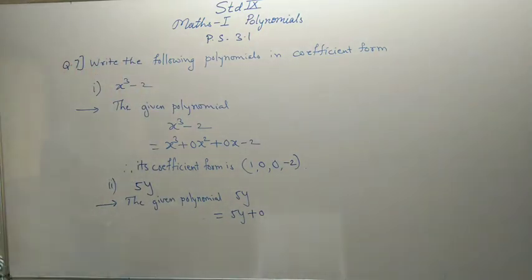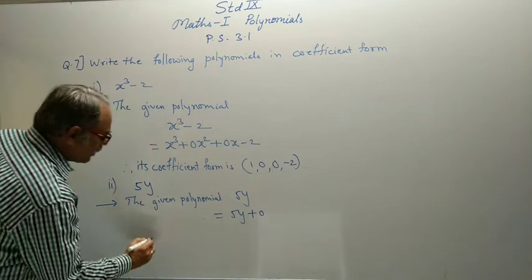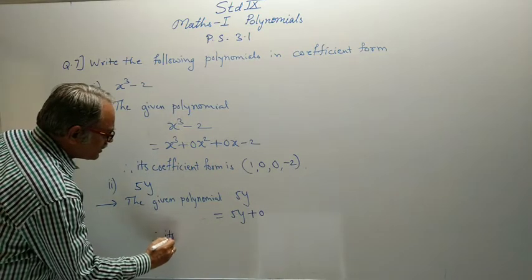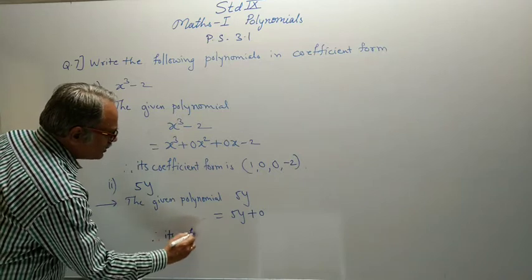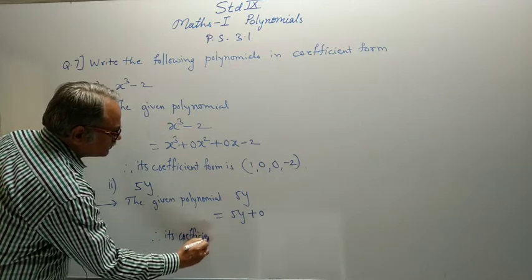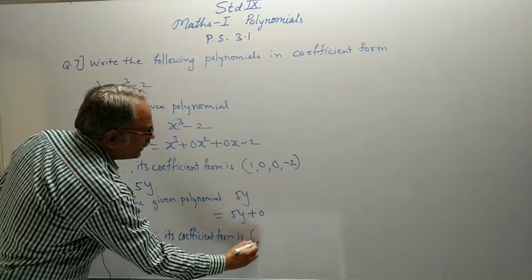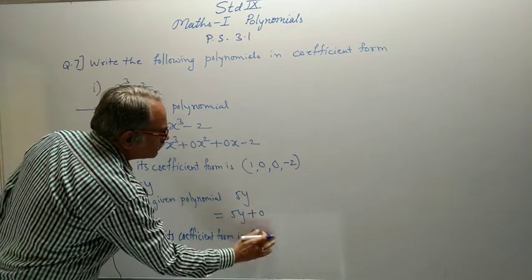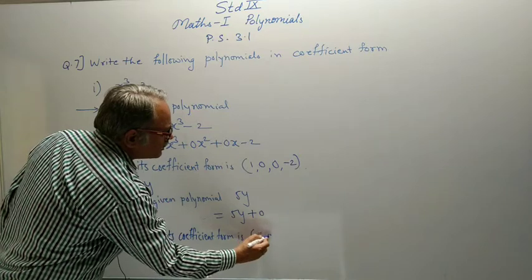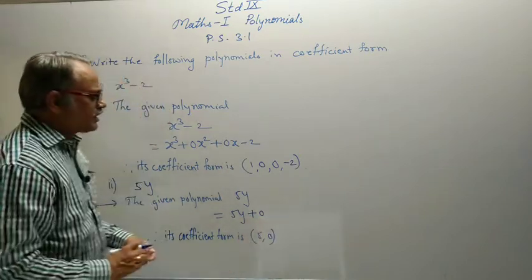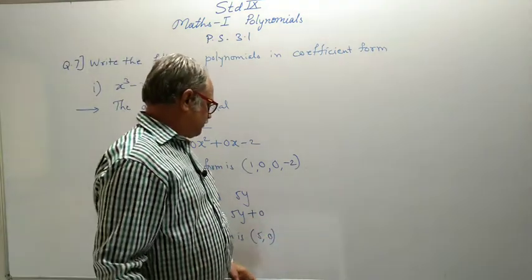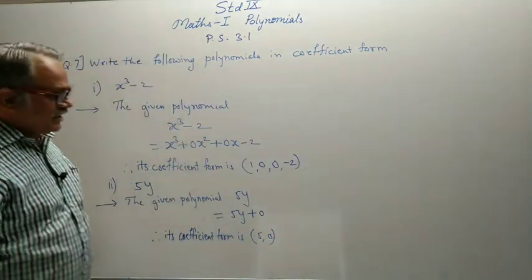If not there, write plus 0. Therefore its coefficient form in bracket is 5 comma 0. If you write only 5, then the meaning is only 5, and 5 comma 0 means 5y plus 0, 5x plus 0, like that.